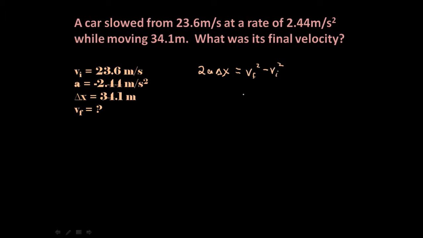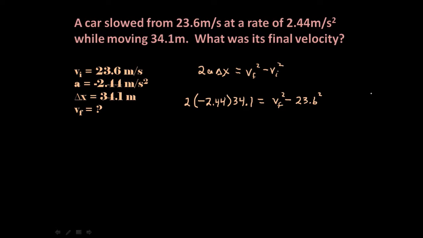The assumption there is that whatever your present velocity happens to be is the final velocity, but I can write it either way. And so we write 2 times negative 2.44 times positive 34.1 equals the final velocity squared, don't forget that squaring, minus the initial velocity, which is 23.6 squared.